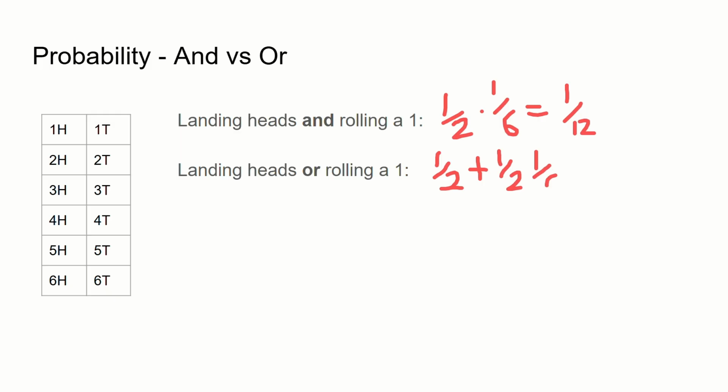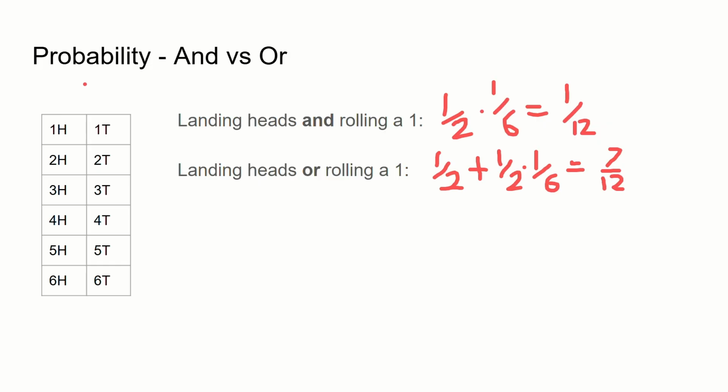So we'll do a half plus a half times a sixth, and that will get us 7 out of 12. So or is generally going to be addition and and is going to be multiplication, but with or, to make sure we aren't double counting, we'll have to multiply whatever's left by the probability of the first thing not happening.